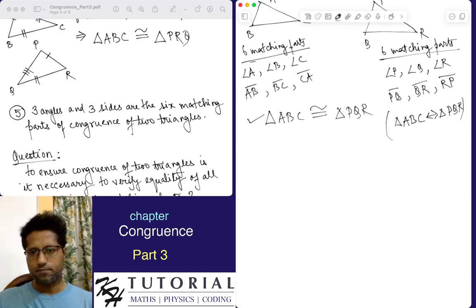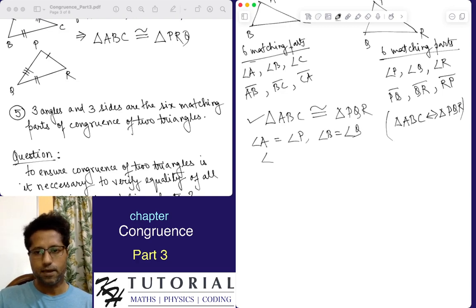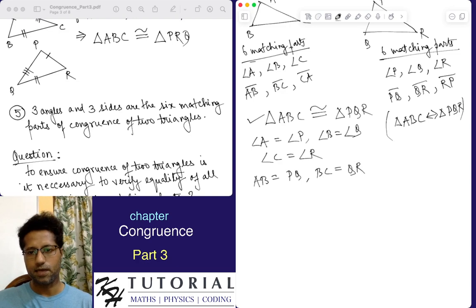If this is true, we know that this will automatically imply that angle A will be equal to angle P, angle B will be equal to angle Q, angle C will be equal to angle R. Also, AB will be equal to PQ, BC will be equal to QR, that is, the lengths of the corresponding sides will be equal.